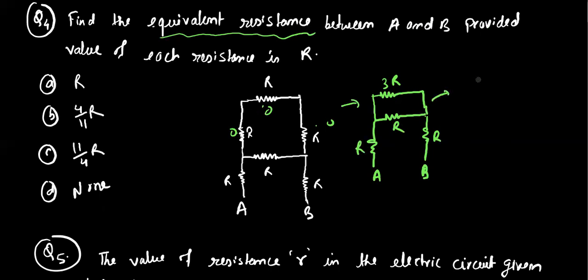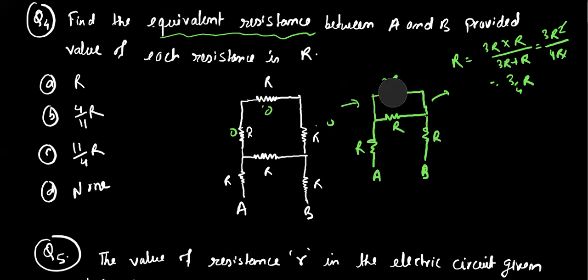So again we can calculate their equivalent resistance: R equal to 3R times R by 3R plus R. This will be 3R square by 4R, so 3 by 4 R, and its equivalent circuit will be like this. Here we can replace the resistance by 3 by 4 R.